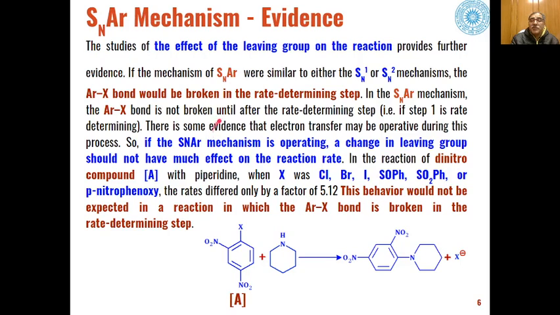The rate determining step is when the nucleophile gets attached to the aromatic ring at the ipso carbon to give us an intermediate complex. So in aromatic nucleophilic substitution, breaking of this bond is not the rate determining step. This is a fast step, which is the second step. So if the SNAr mechanism is operating, a change in the leaving group should not have much effect on the reaction rate.